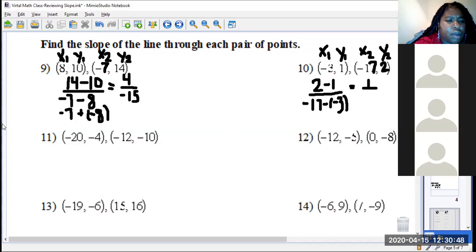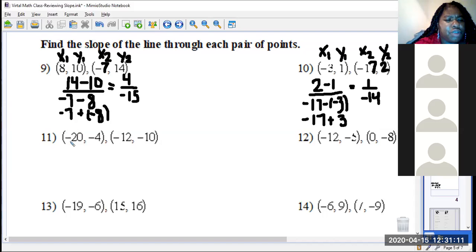And of course, down here, I am going to write keep, change, change, so everybody can see. Keep, change, change. Remember, two negatives make a positive.